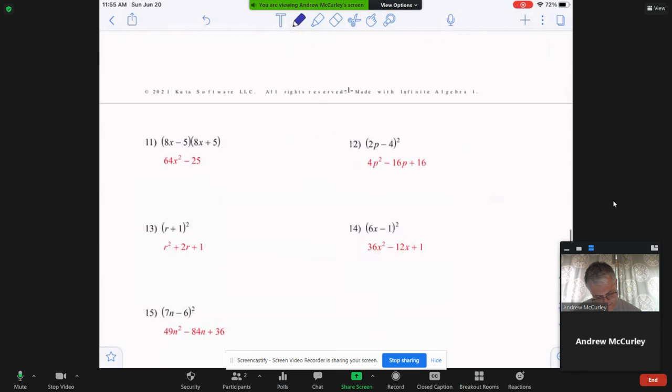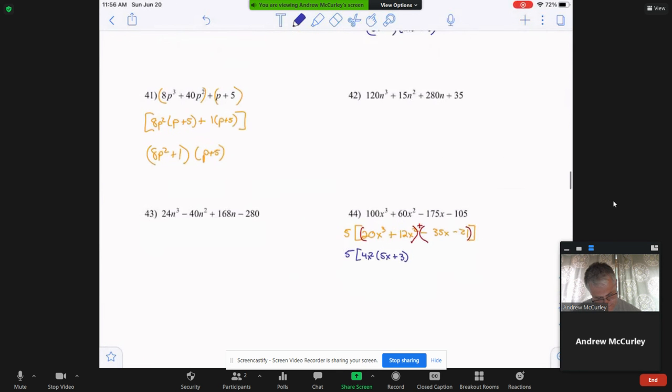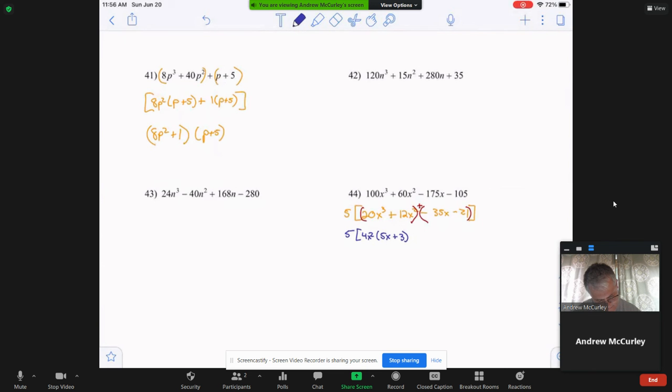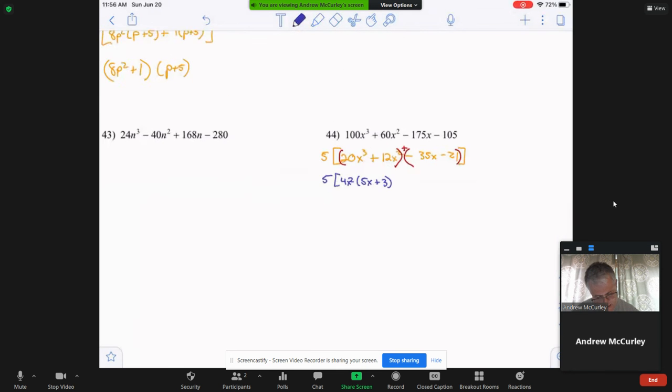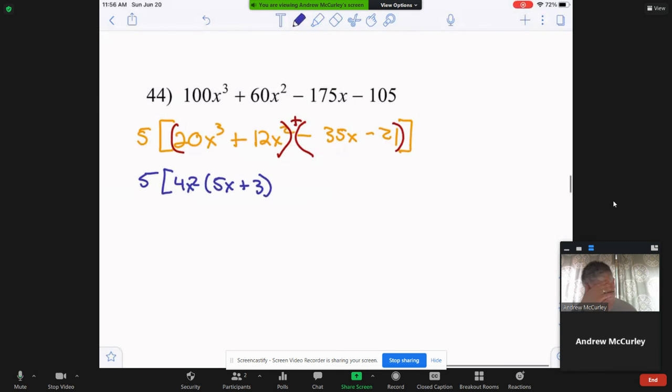What did I do wrong? Oh, it's a 7. Good grief. Why can't I see that? Factor out a 7. Oh, that's crazy. 5x and plus 3. We factored out a negative 7. Sorry. Why couldn't I see that 7? I'm really tired, actually. I've been up all night.